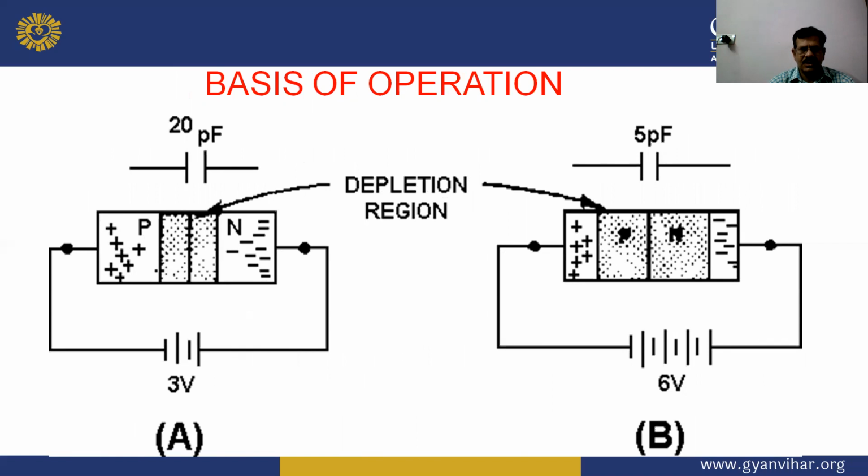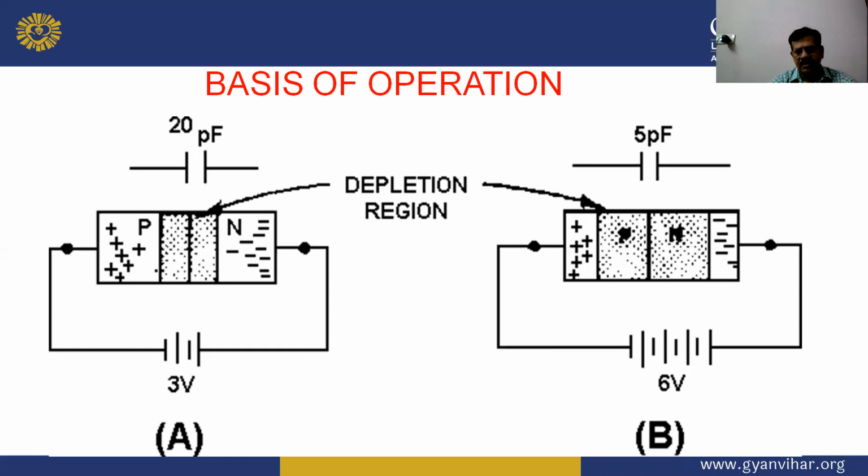And we see here in these two diagrams of varactor diodes. In diagram A, we applied a reverse biasing voltage of 3 volts, and in that case the value of capacitance will be 20 picofarad.